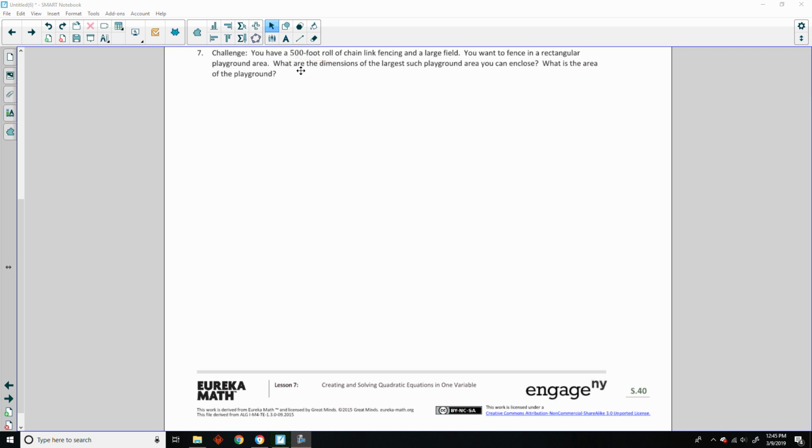Okay, so we have perimeter, and perimeter is 2L plus 2W. And our perimeter is 500. So 500 equals 2L plus 2W.